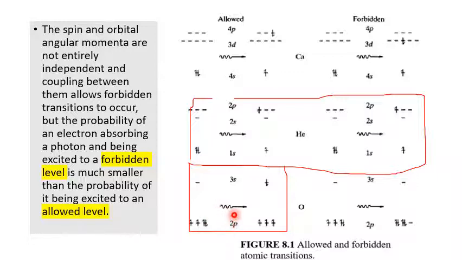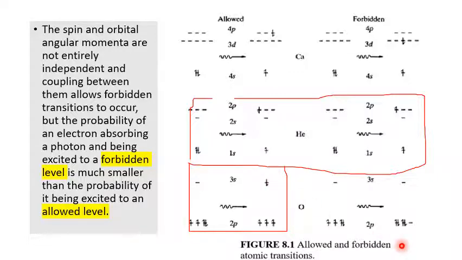And above the 2p is the 3s subshell. So when a photon is absorbed which has energy equal to the difference between the energies of these two subshells, then one of the electrons will go into the excited state and will not change its spin. So this is an allowed transition, and there is more probability for an allowed transition.